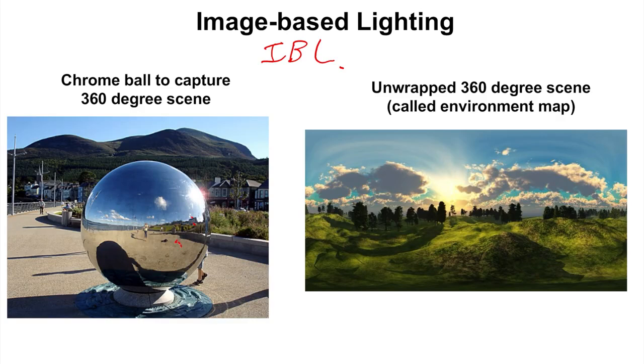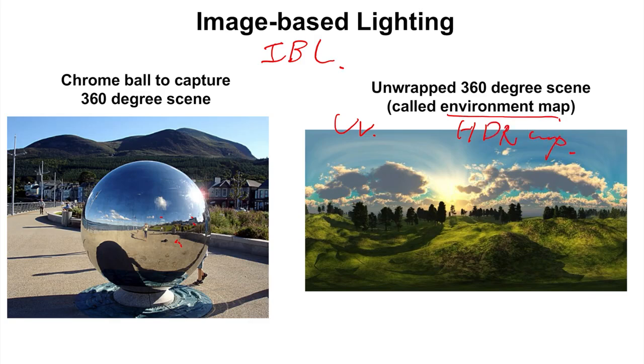We can prepare a chrome ball. Chrome is the name of a material, right? We prepare a chrome ball whose reflection rate is almost 1, so that we can capture all the incoming light in the chrome ball, and then we can unwrap it. We have a sphere, right? And then we can unwrap the chrome ball to the UV space. That is called an environment map or HDR map.